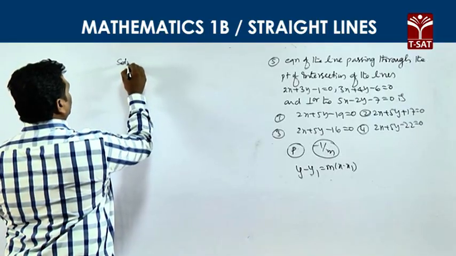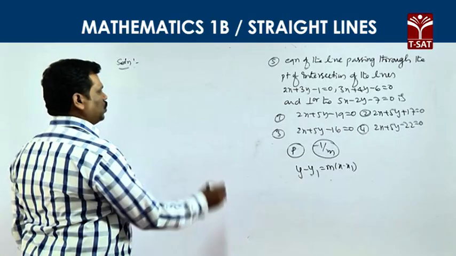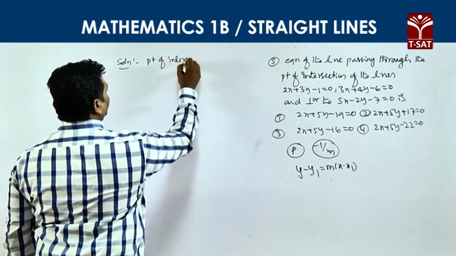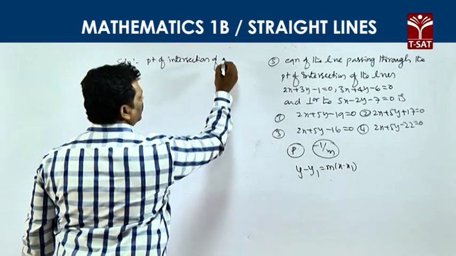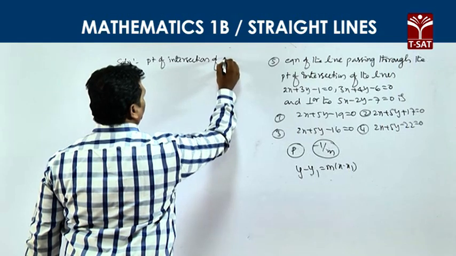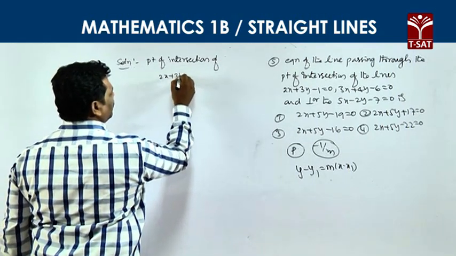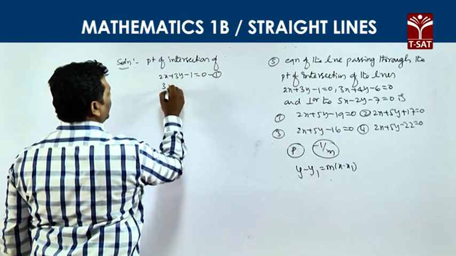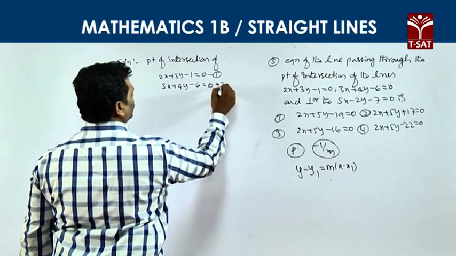Okay, here is the solution. First we have to find the point of intersection of the first two lines. Already we know that method. Point of intersection of 2x plus 3y minus 1 is equal to 0, and 3x plus 4y minus 6 equal to 0. This is equation number 2.